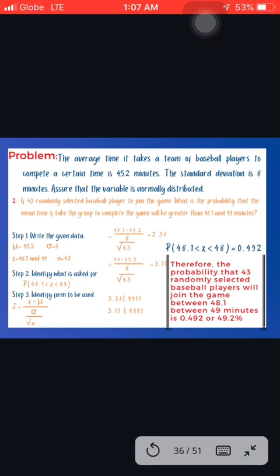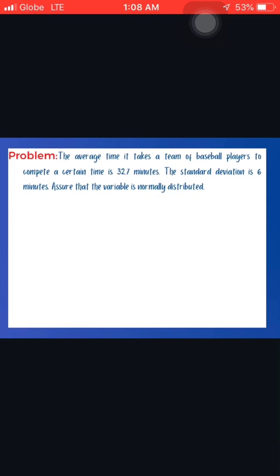Therefore, the probability that 43 randomly selected baseball players will complete the game between 48.1 and 49 minutes is 0.492 or 49.2%.